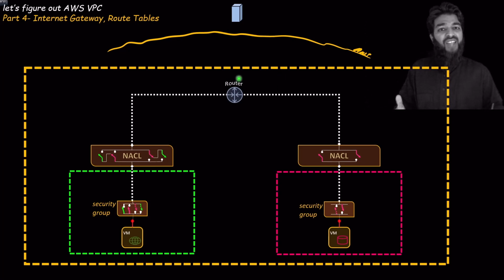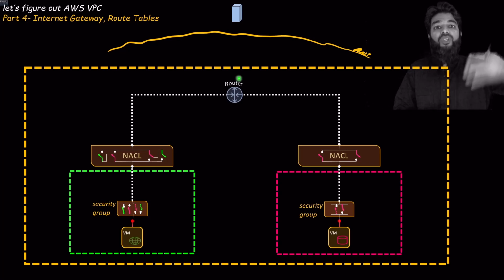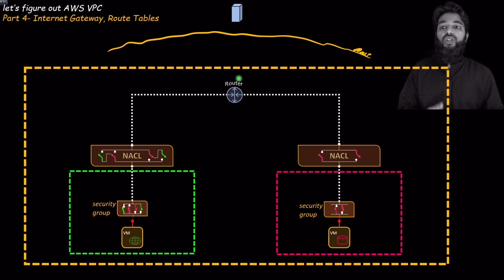Likewise, a VPC is a completely isolated network, such that by default it doesn't even have an internet connection. So there is no way that your request will cross the VPC and reach some other server on the internet. That means you need to provide an internet connection to your VPC.